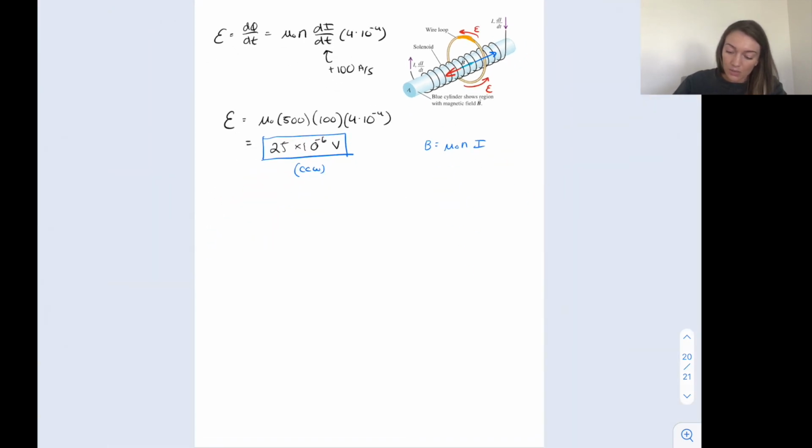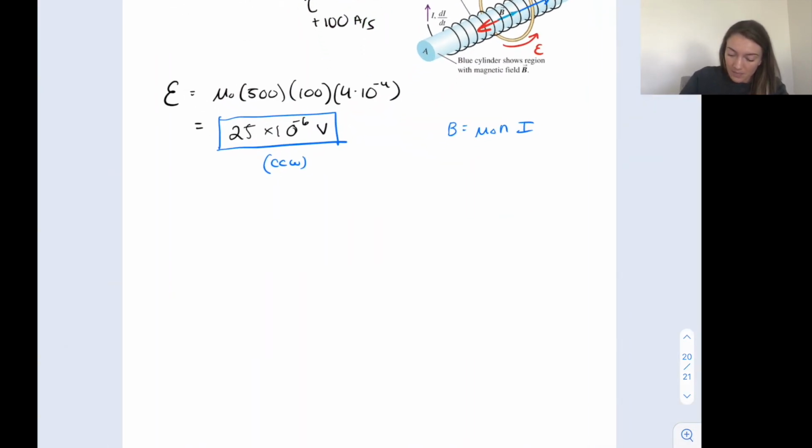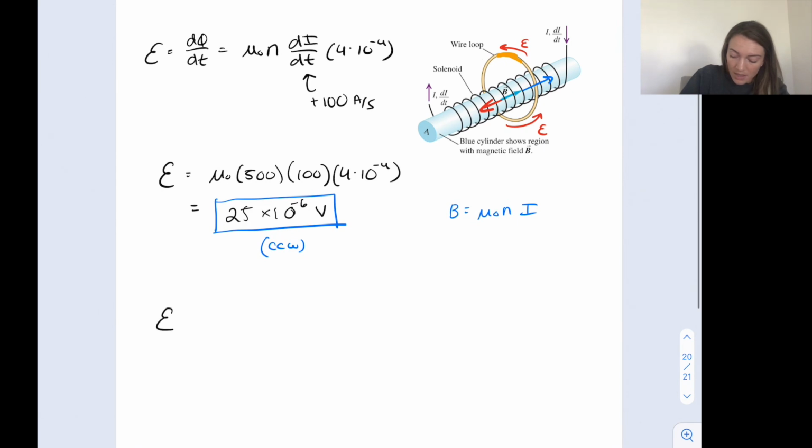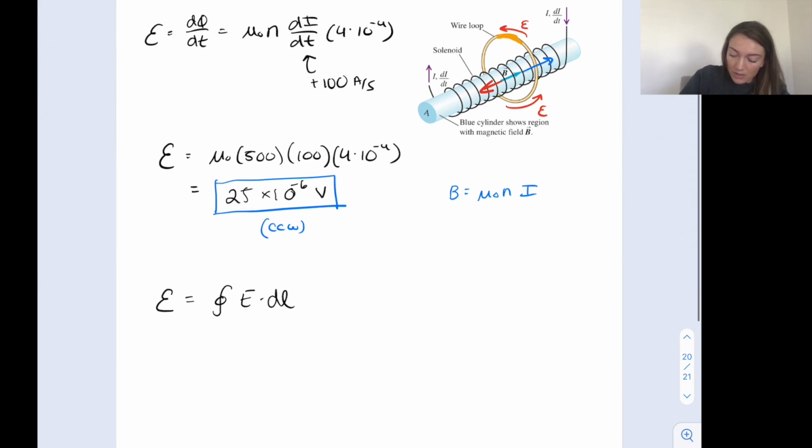So we said our EMF was equal to ∮E·dl, and we said that the electric field is constant inside that loop, so all we have to do is just multiply by the length of the path, which is just the circumference of this wire. So that will just be 2πr.